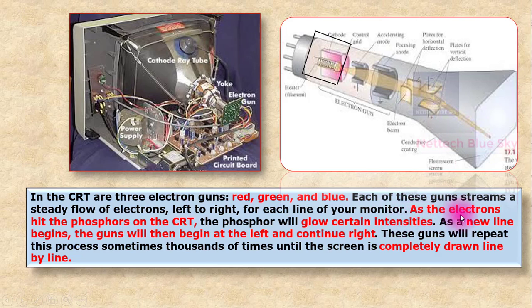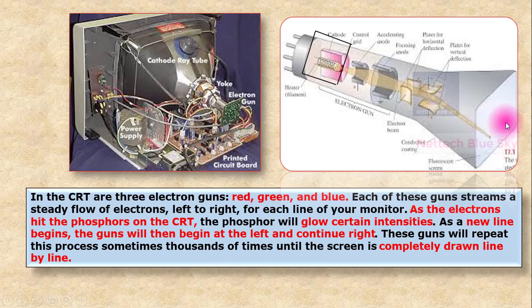As the electrons hit the phosphorus on the CRT, the phosphorus gas inside, the CRT phosphorus will glow at certain instances as a new line begins. That means you create a new line. First CRT beams here, and after that create here, and after that create here.